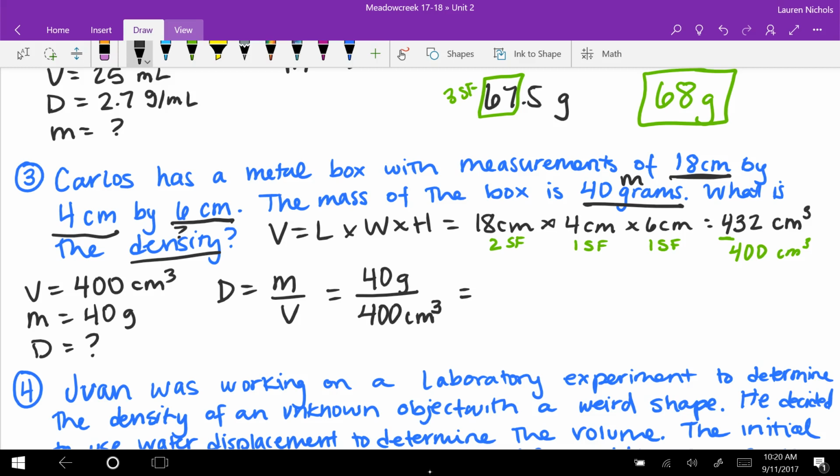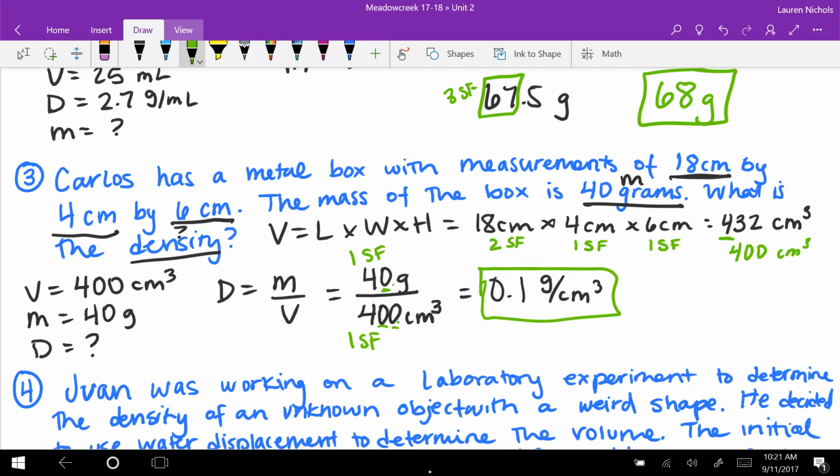And we solve. 40 divided by 400 is 0.1 grams per centimeter cubed. And we look at our significant figures. 40 has 1 significant figure, 400 has 1 significant figure, because remember, these zeros at the end do not count unless there is a decimal place. So my answer should only have 1, and it does, because the 0 in front, leading zeros never count.